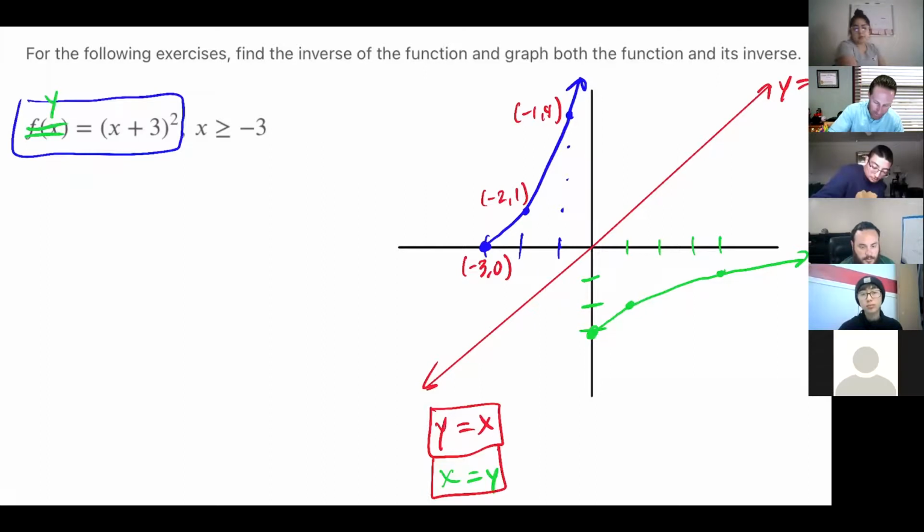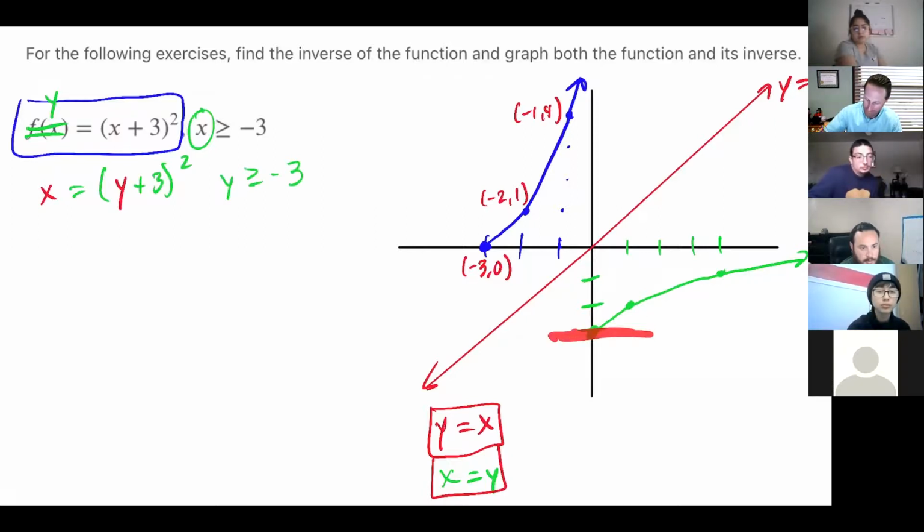Well, then I would rewrite this as x and y in reverse equals, and I could even say that this would be y is greater than or equal to -3 now. I could switch all the x's and all the y's. And can you guys see that on my graph? Now y's are greater than -3. Right? All of this plays true.